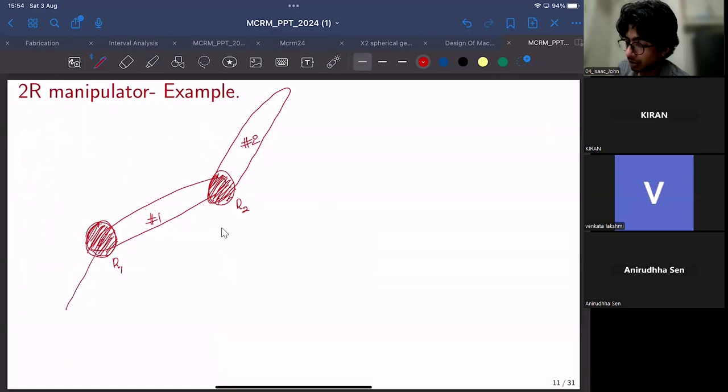So I'll label this axis of rotation Z1, and this Z2. Notice that Z1 and Z2 are essentially parallel, right? We now have two frames. We also need two more frames, because for an n-DOF mechanism, we have n+2 frames.